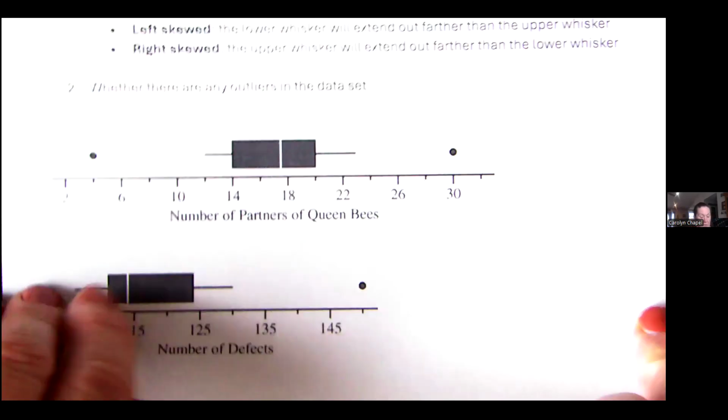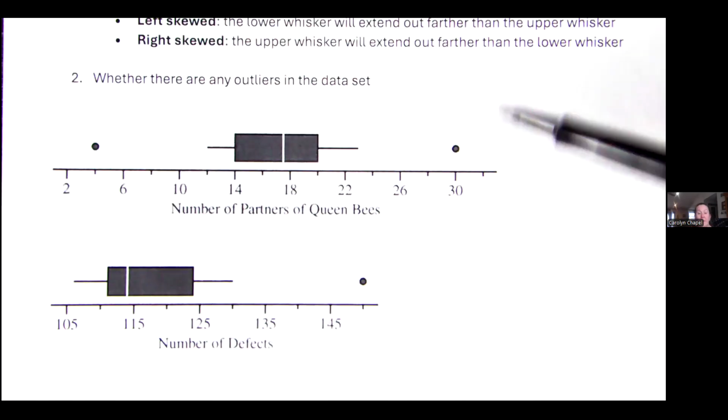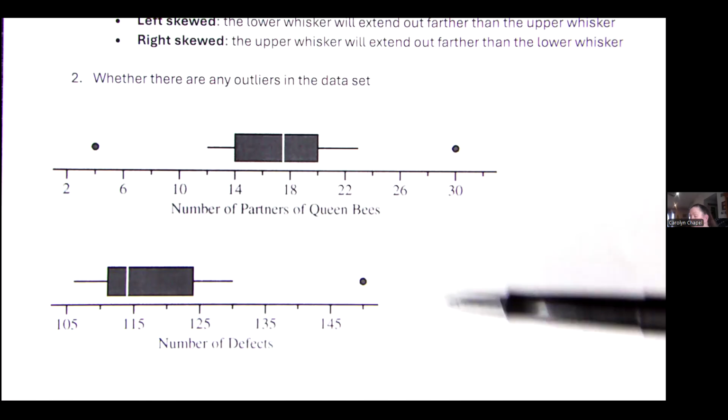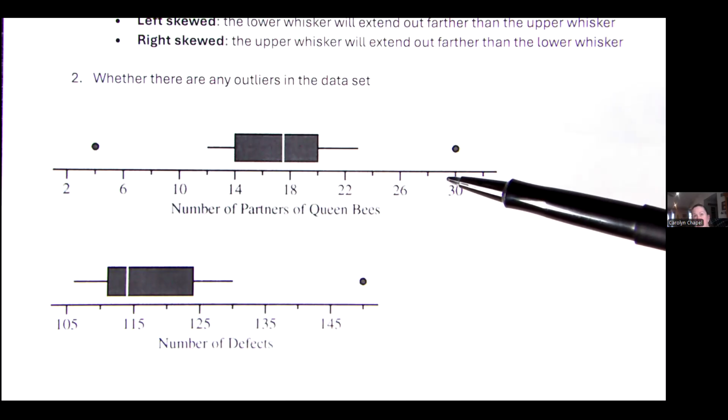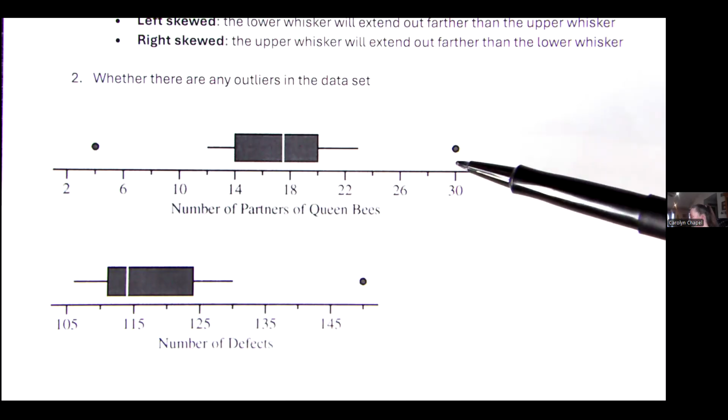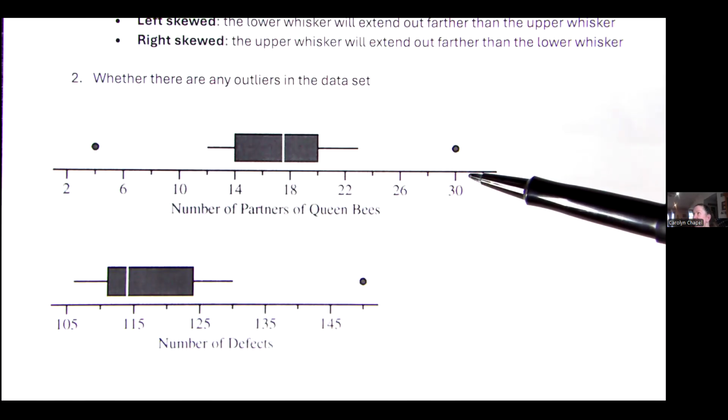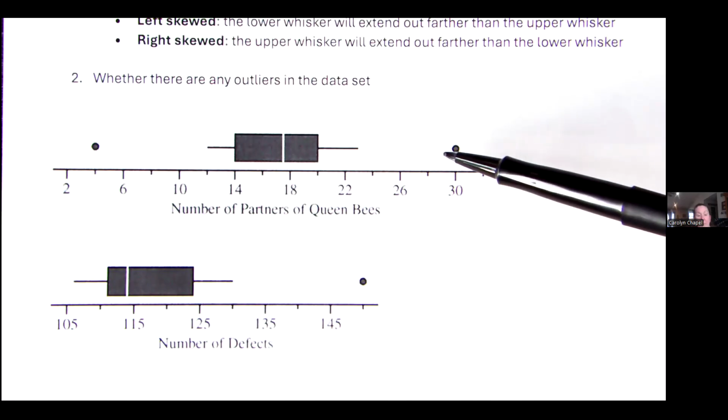You can also, if you had two pieces of data and you were going to compare them, again, like we've done with dot plots, and we also saw it with bar graphs, you're going to compare two sets.